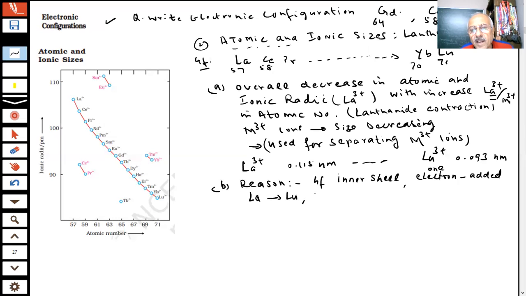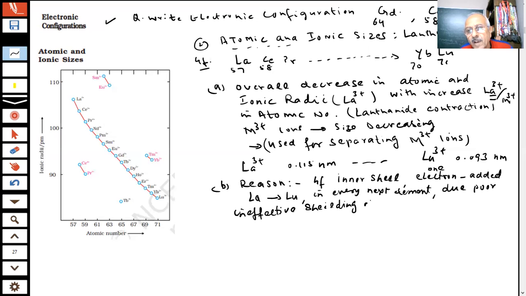Okay. In every next element, the electrons are entering into which subshell? The 4f subshell, which is the inner subshell. And due to the poor, ineffective shielding of 4f orbitals, the Z effective, the nuclear charge, increases.